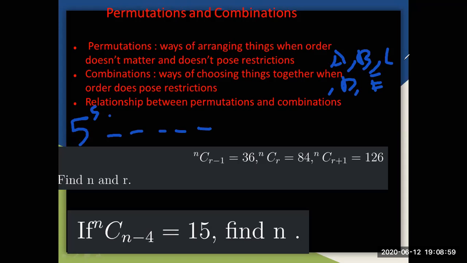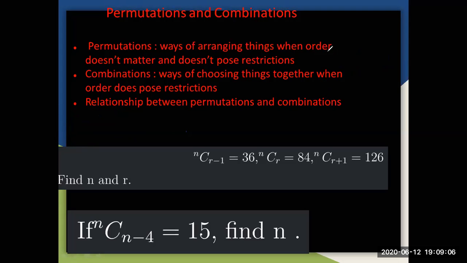But when you're not allowed to repeat, it just becomes 5 factorial, because you can place anything from A to E in the first place, and in the second place you have reduced one of your letters, and then again you further go on.